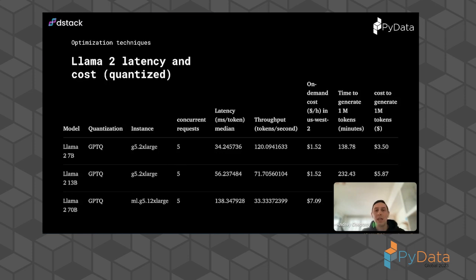So now the same slide, but now with quantization used here. We see that, for example, by leveraging the quantization, we can drop significantly the cost to generate 1 million tokens, almost 10 times, to $60 per 1 million.